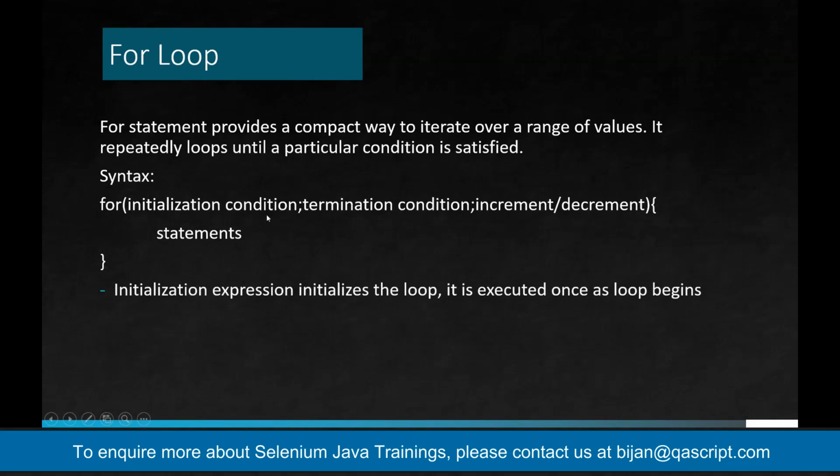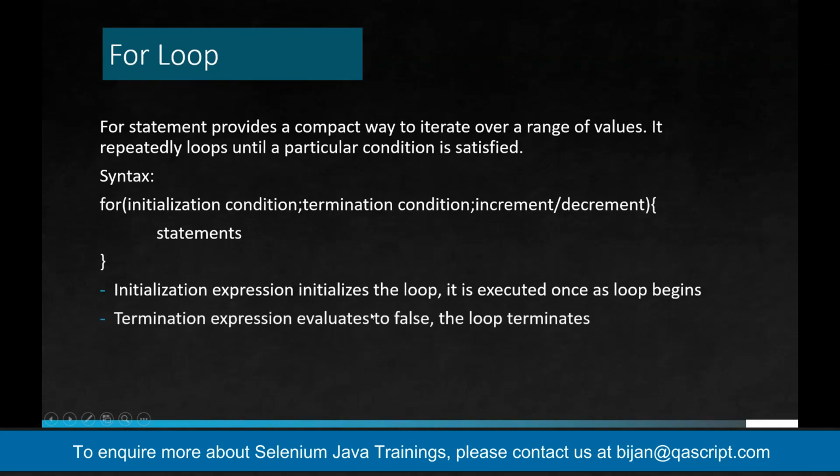The initialization expression, the first condition, initializes the loop, which means it starts the loop, and it is executed once when the loop begins. Termination means that once the condition evaluates to false, it will terminate the loop. This is the condition which decides whether the loop will continue or terminate.